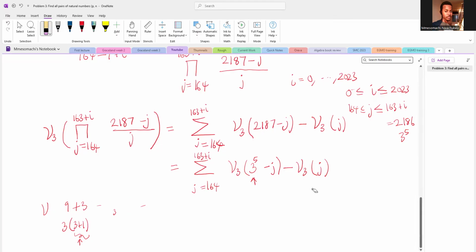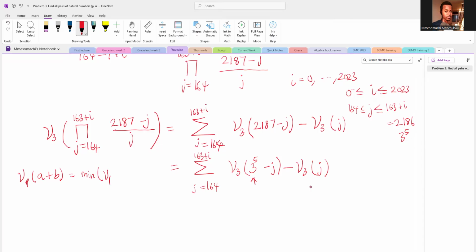So basically, for most cases, it equals the minimum of the periodic value of p in A and the periodic value of p in B. This only doesn't work when you have something like p to the power of k minus some t times p to the power of s, plus t times p to the power of s, so that when you add these two together, you just have p to the power of k times p to the power of s.